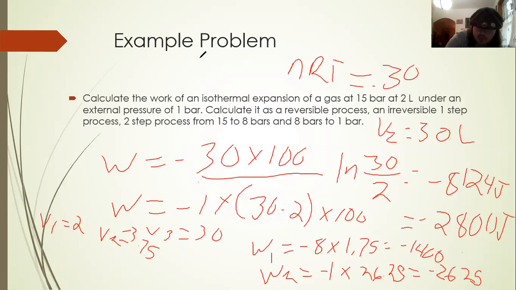This two-step process gave us negative 4,025. So the two-step process gave us more work than the one-step process, but still less work than the reversible process.